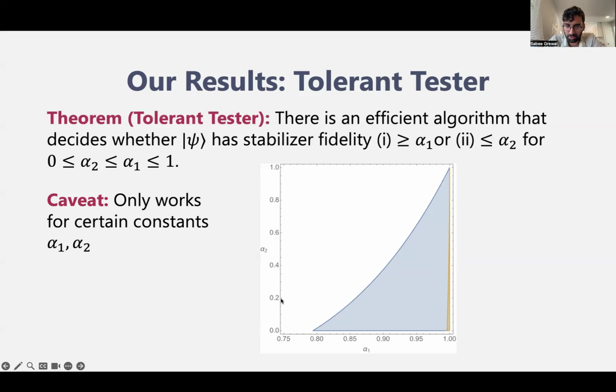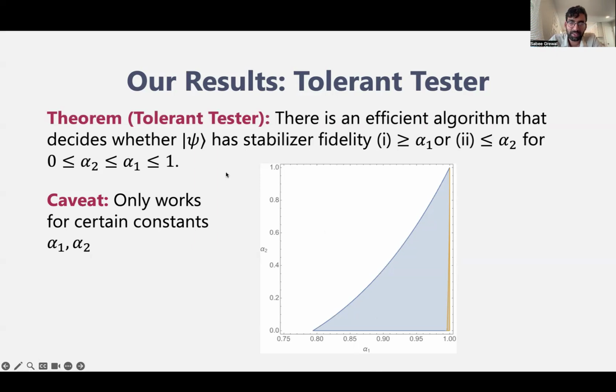For example, this blue region here shows the choices of alpha 1 and alpha 2 for which our algorithm actually works. If we look at 0.2 and 0.85, it's roughly in the blue region.